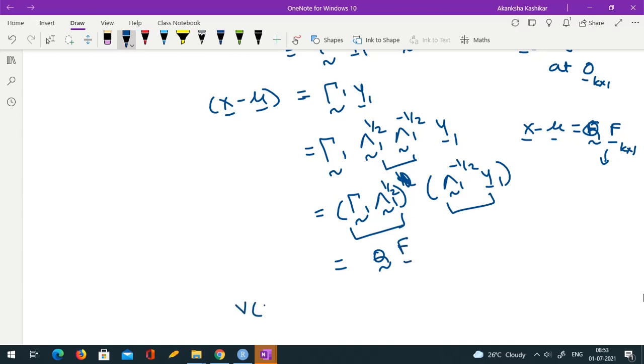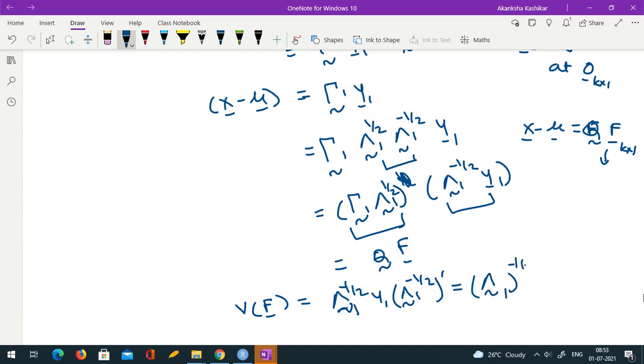Why? Because now my variance of F would be lambda 1 raised to minus half y1 into lambda 1 raised to minus half y1 prime, correct? By formula. And lambda is a diagonal matrix, so prime is itself.